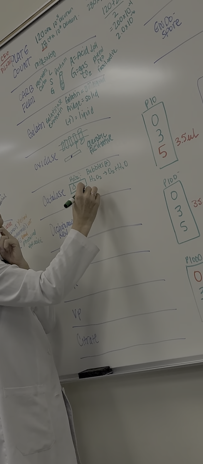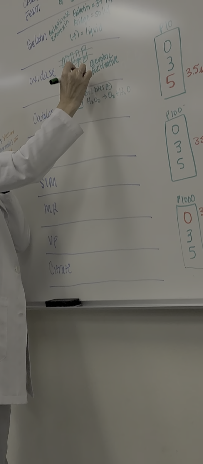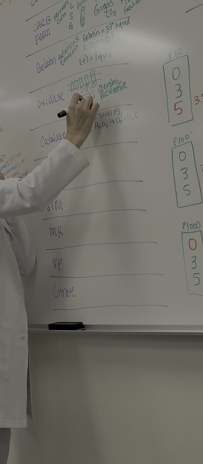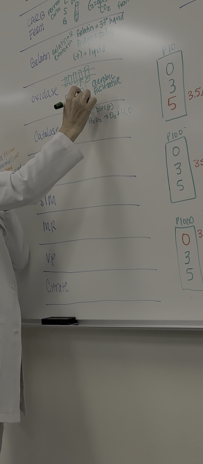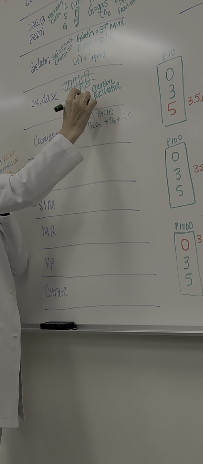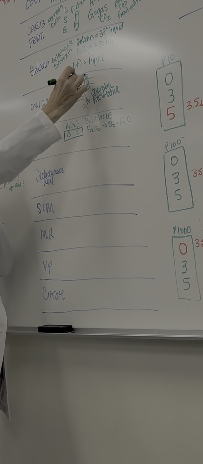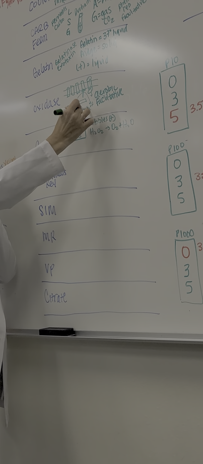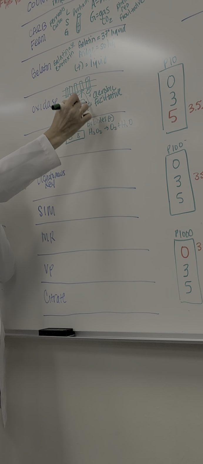So remember oxygen down here at the cytochromes. Remember oxygen is the final electron acceptor. And so oxygen plus the hydrogens usually make water. So the hydrogens that come down the ATP synthase will come together with the oxygen and make water.